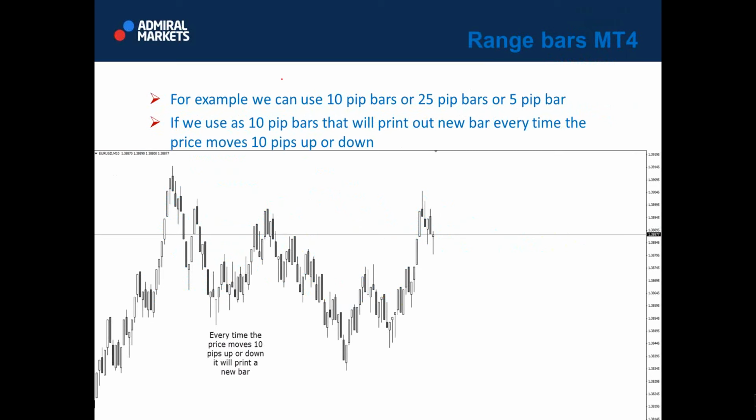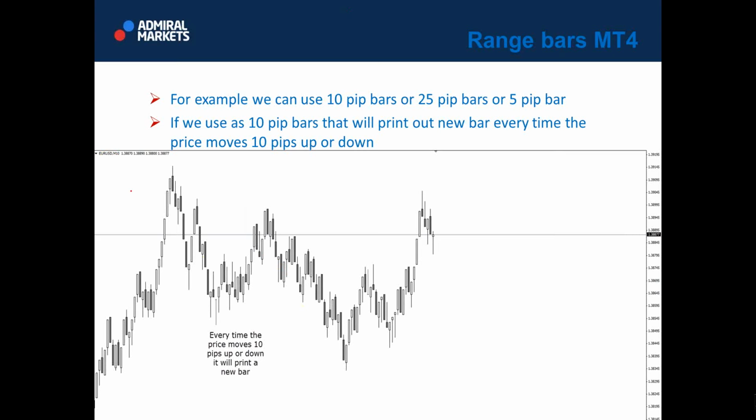If you put your range bar settings on 5, this will be euro dollar M5, and you will have 5 pip range bars. If you put this to be on 25, you will have, of course, 25 pip bars and so on. So this is basically what it tells you, how big those range bars are.